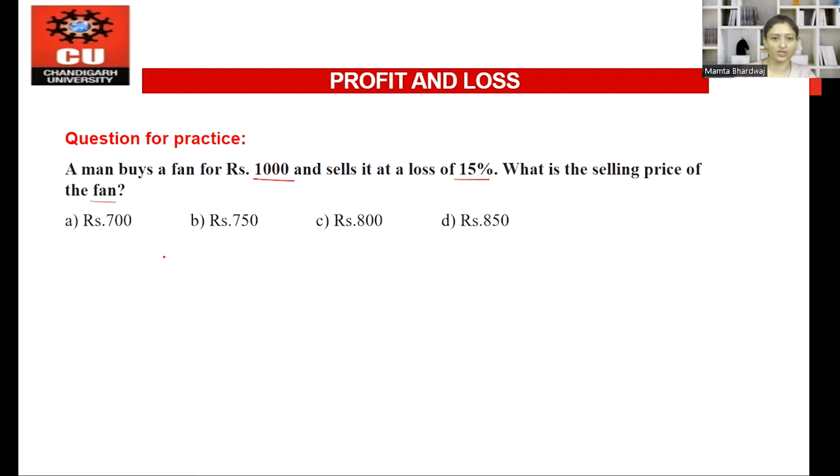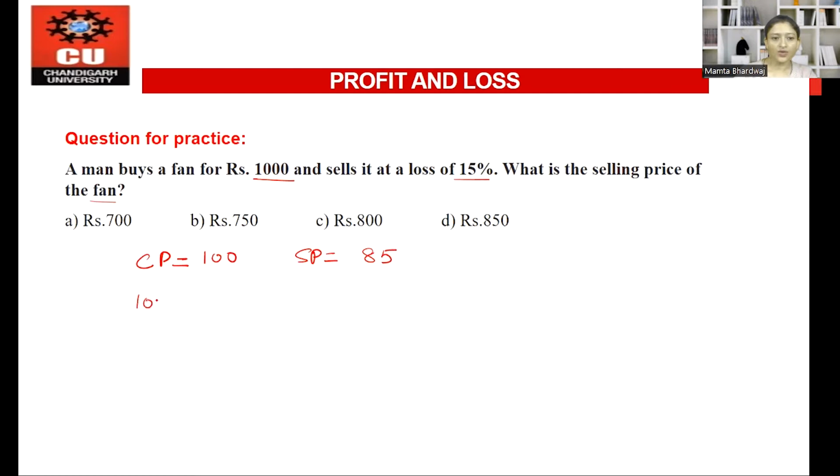Here we can assume the cost price as 100, rather than 1000. And as there is a loss of 15%, the selling price becomes 100 minus 15, which is equal to 85.